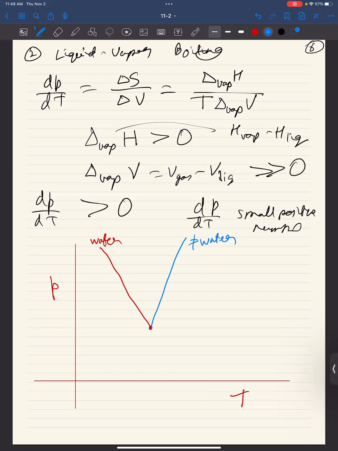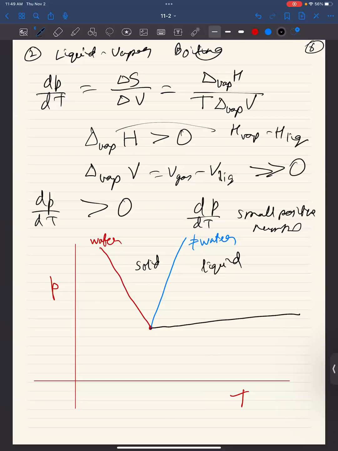We were talking about solid versus liquid, and now we are talking about liquid versus vapor. We just said that dP by dT is a small positive number, so relative to the blue line or the red line, it will be a relatively flat line. It will have a positive slope, but be kind of flat. So that one is going to look like this.